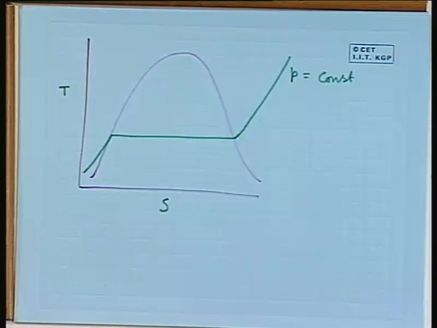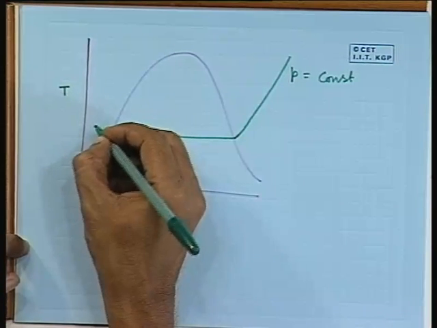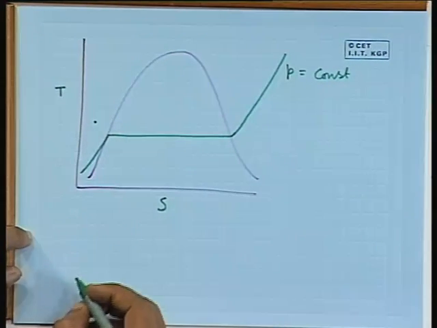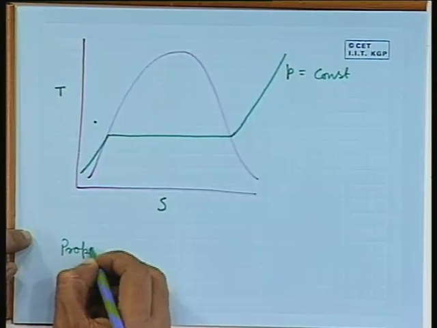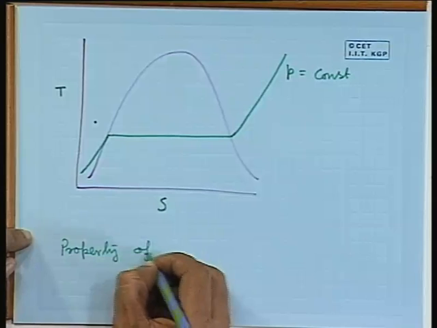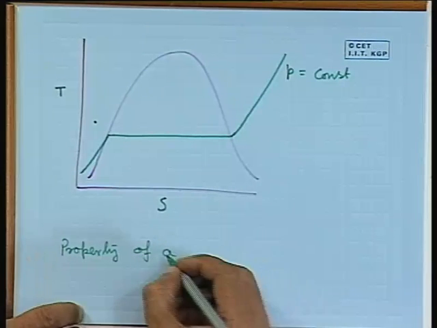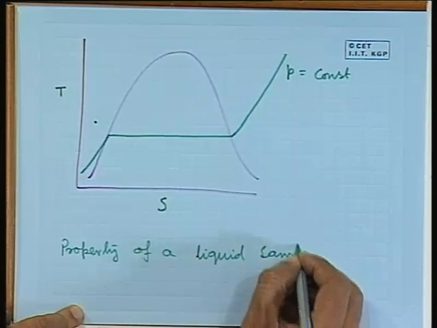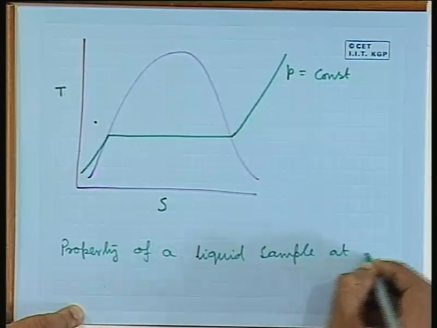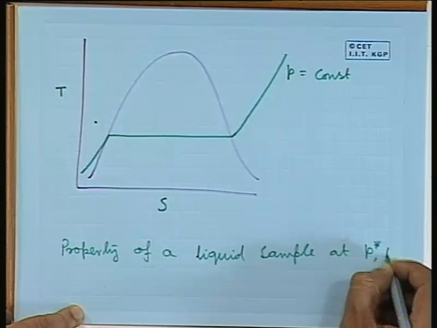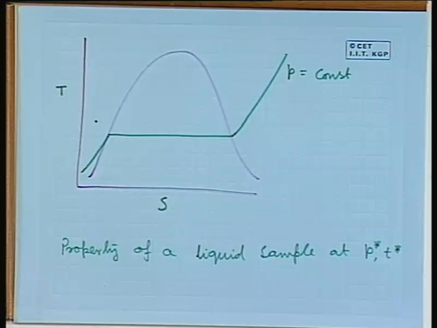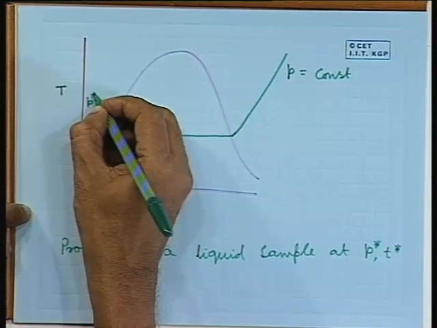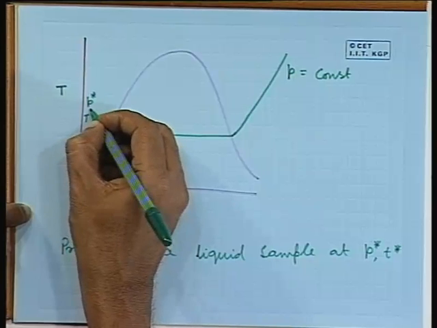We are interested in determining the property of a liquid sample whose state is given by P star, T star. So, this is actually P star pressure and T star temperature.